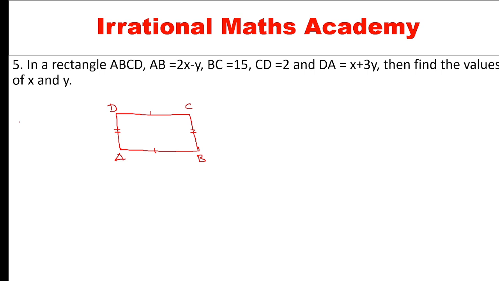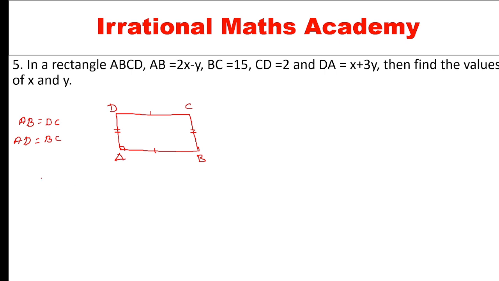So AB length equals DC length and AD length equals BC length. The angles should be perpendicular, but that is not required as of now. A linear equation in two variables can be given in this format also. Instead of directly giving it to solve, they'll give you this method.